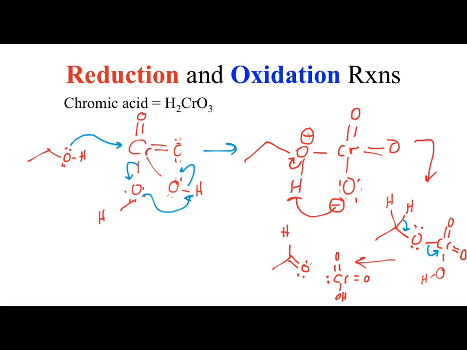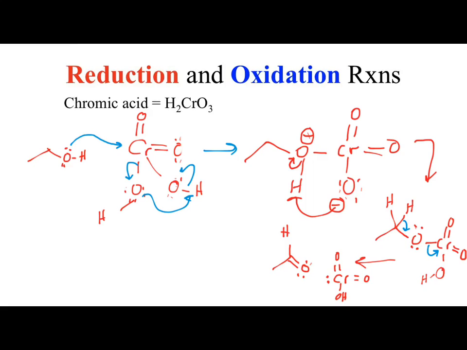Okay? It looks a bit convoluted, and it is, but it's not that big of an issue. What I want you to do is understand your electrons, where they're coming from, and how you can get this reaction to occur. Okay?